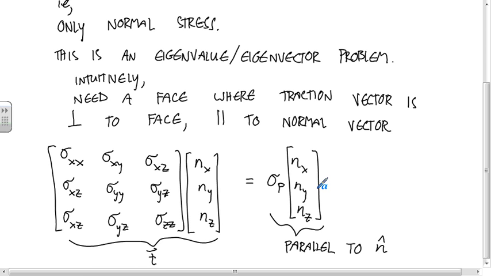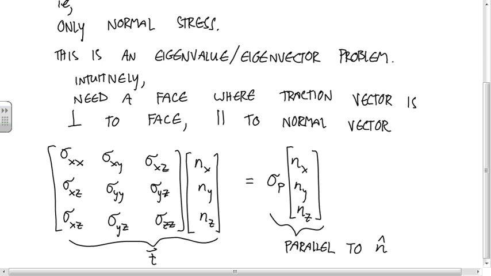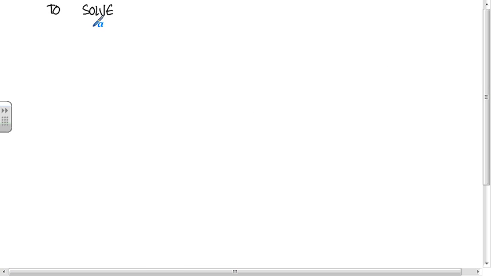Okay, so to solve this, you can think of this as, this is the same thing as this. You could verify this if you want.